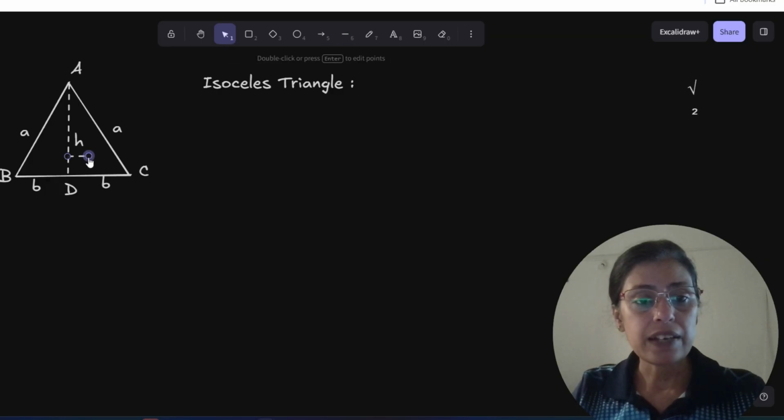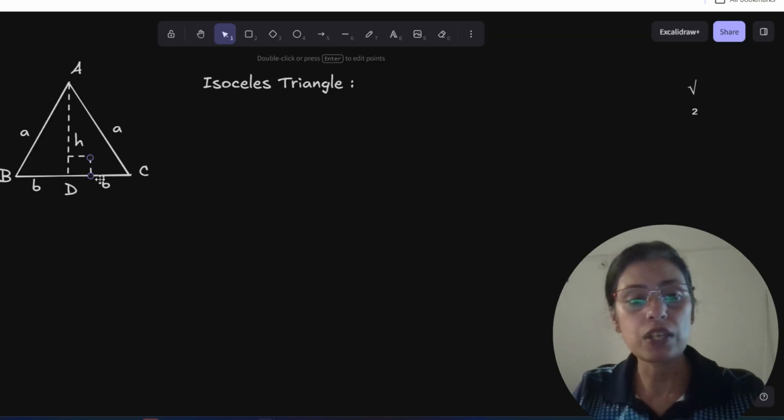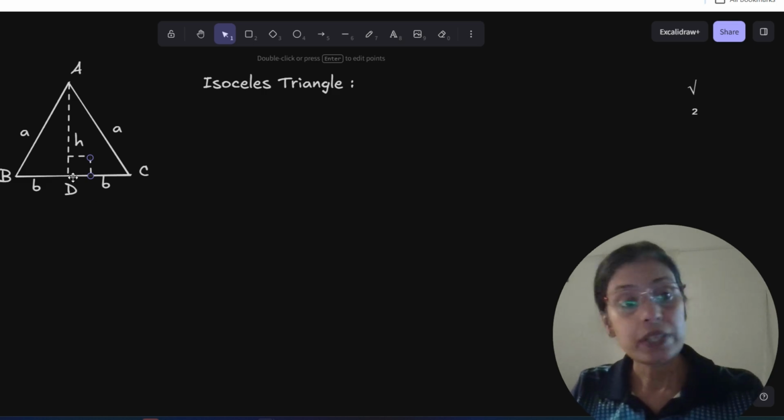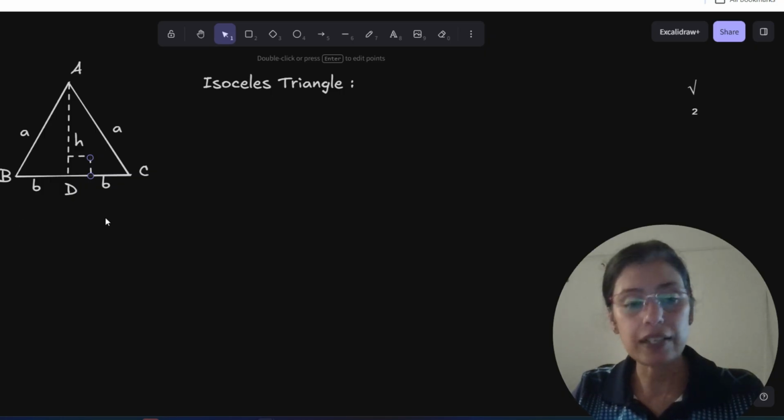So this is of height H, and this is dividing the base into two equal halves, right? With SAS congruency, or maybe using the right angle hypotenuse side congruency, you will find that these two triangles are congruent, and so the base is divided into two equal halves.